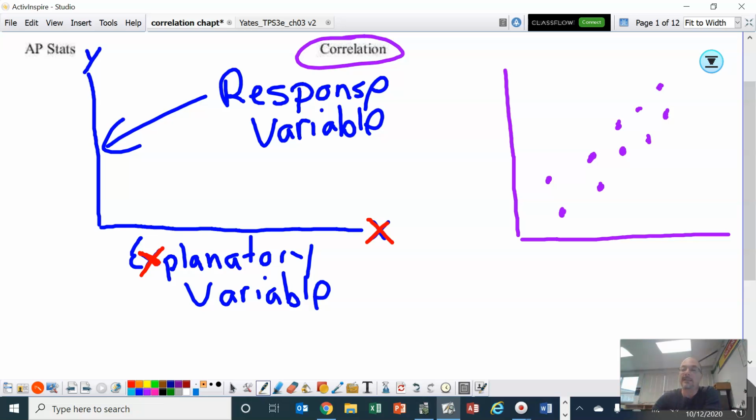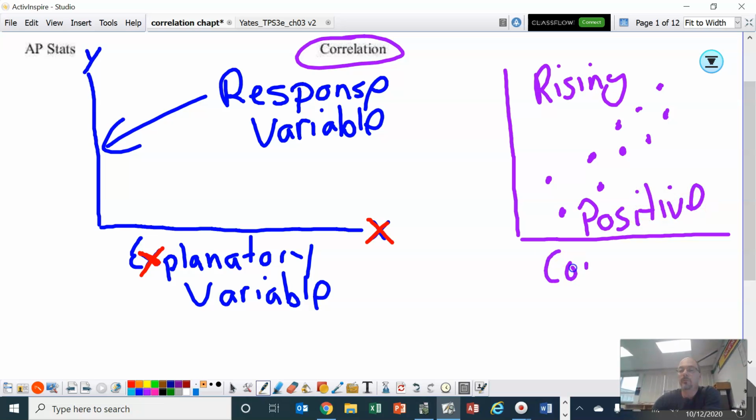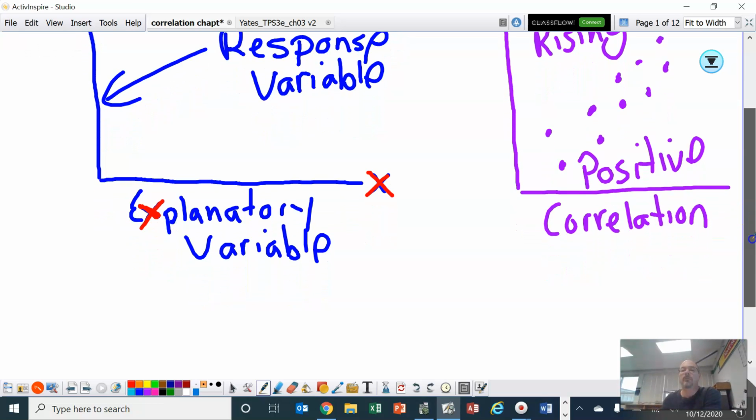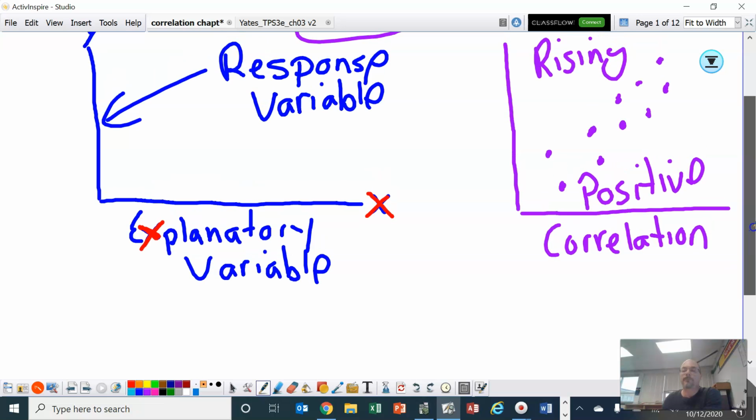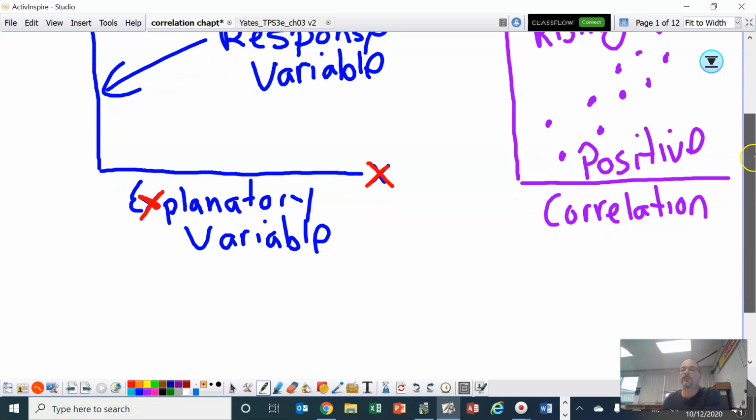All right, now these dots are obviously rising. So this is a positive correlation. All right. Okay, moving on.